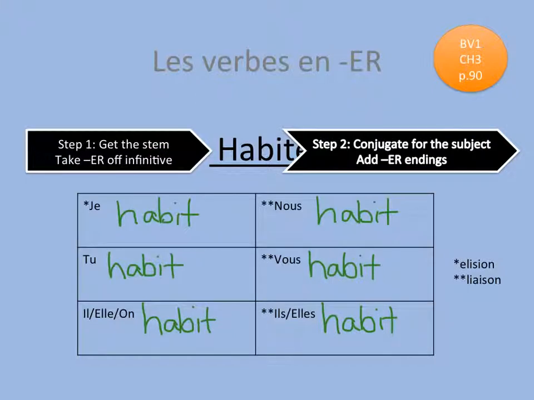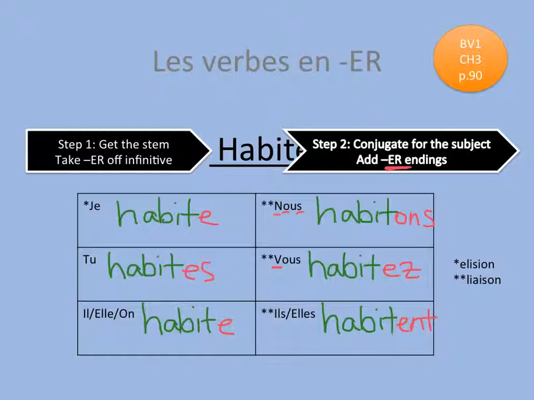And then we need to add the ER endings. So for je, it is E, tu, ES, il, elle, on, E, nous, ONS, vous, EZ, and ils, elles, ENT.